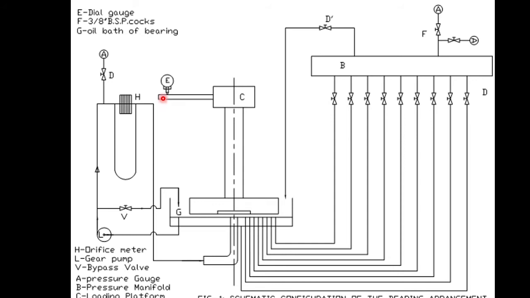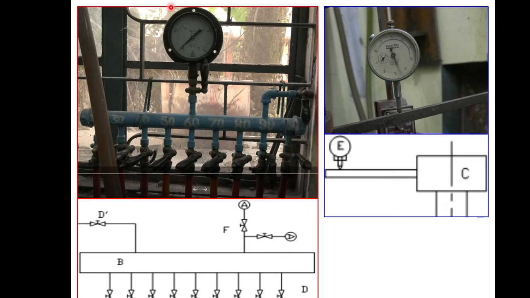So here this is item E. Dial gauge must be written. Yeah, D is dial gauge. Okay, this E is a dial gauge. Where is the dial gauge? This one is the dial gauge. See, this is the arm. Understand? This is the arm, and here the dial gauge is fixed.